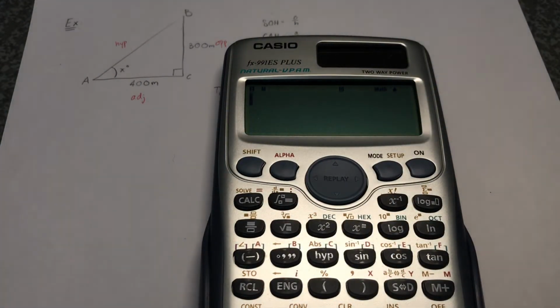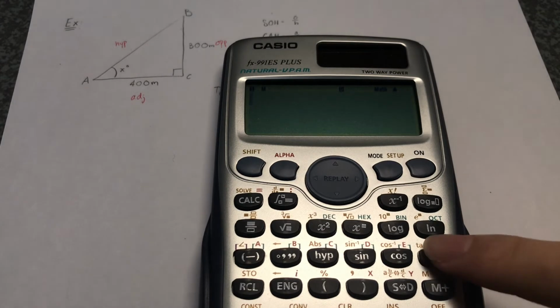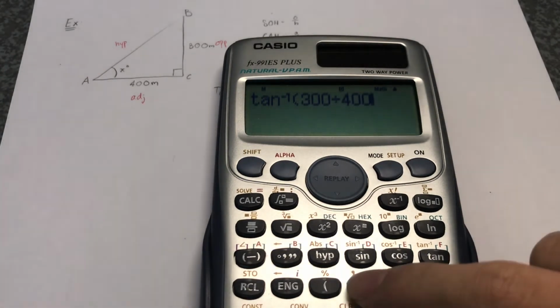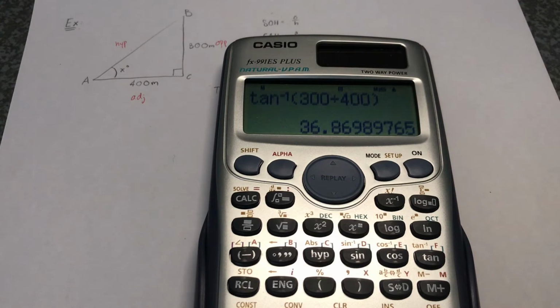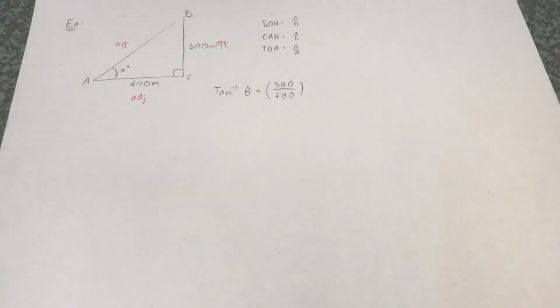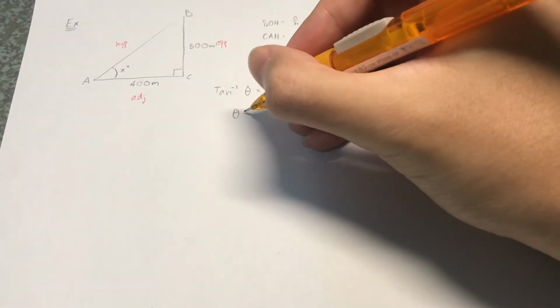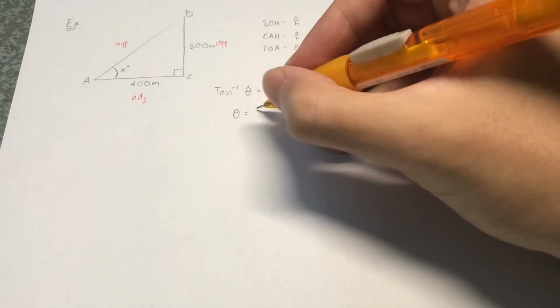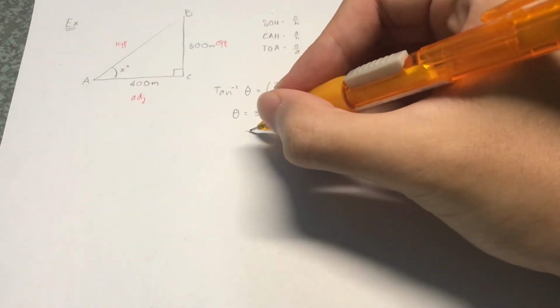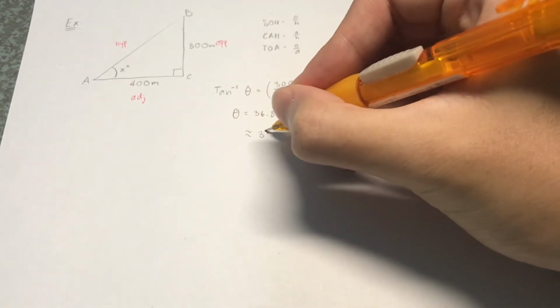After that, you press the tangent button. The inverse tangent is written above the normal tangent button. You get 36.86. So the angle is 36.86, or approximately 37 degrees.